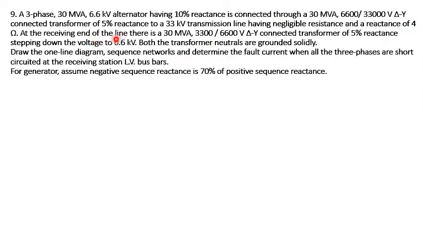At the receiving end of the line there is a 30 MVA 33000/6600 volt delta to star connected transformer having a reactance of 5%, stepping down to 6.6 kV.